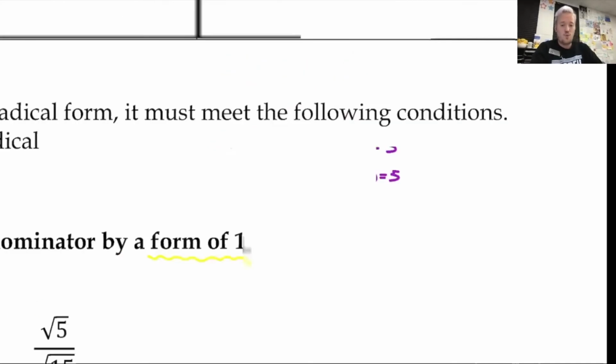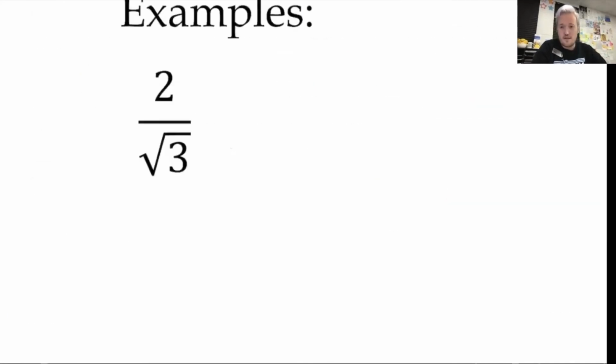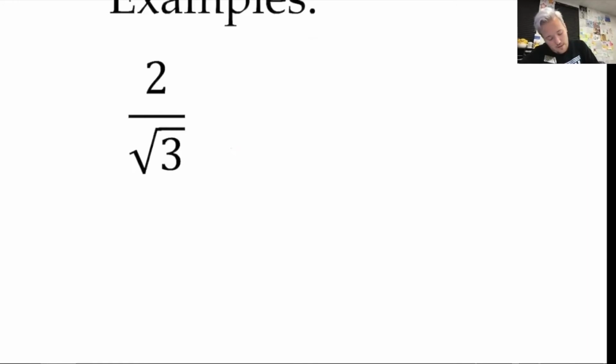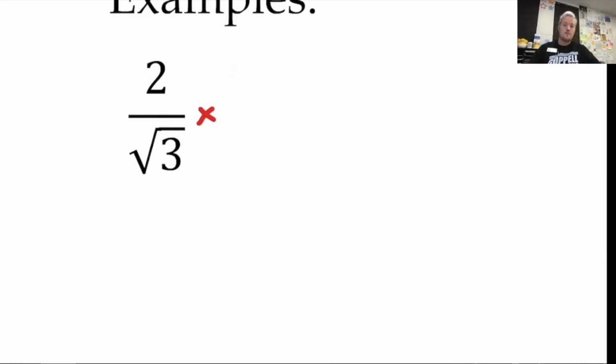All right, so what I'm going to do is I want to rationalize based on the number that's in the denominator. I want to multiply this by 1, but I need to change the way that 1 looks. The reason I'm multiplying by a form of 1 is I don't want to change what the actual value is. I just want to change its form.